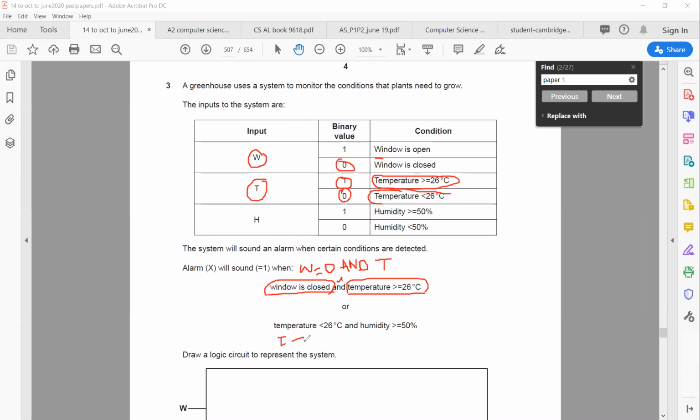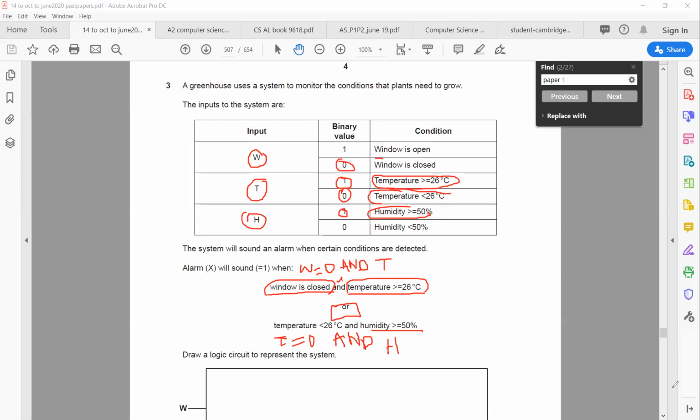T0 because it was less than 26 and from the table I got the value 0 और अभी जो है humidity greater than 50 and greater than 50 humidity is 1 and it is represented with H. So these are the two values, so you can write simply H. Yeah, we have converted it into sort of mathematical form. ठीक है? So both have an OR gate in between.